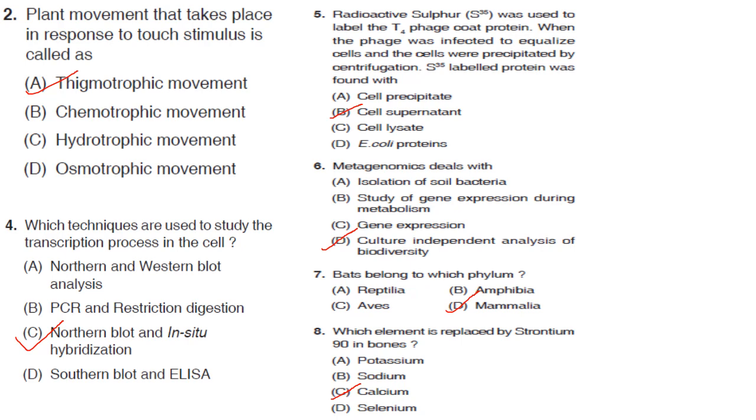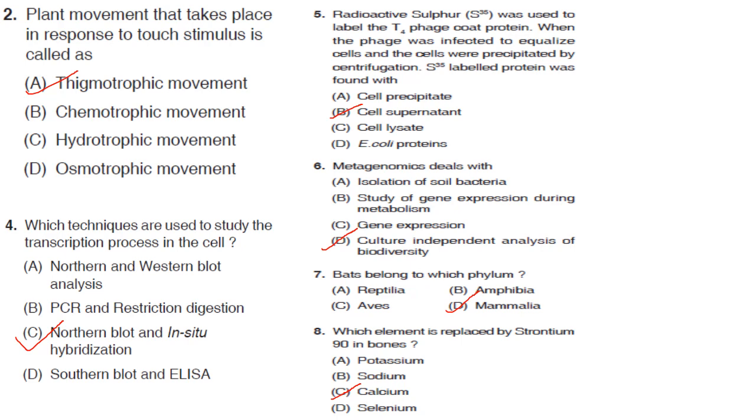Metagenomics is often used to study a specific community of microorganisms such as those residing on the human skin, in the soil or in a water sample. So the answer here is culture independent analysis of biodiversity.